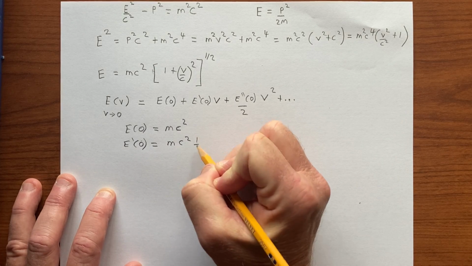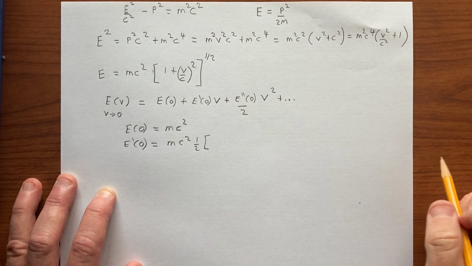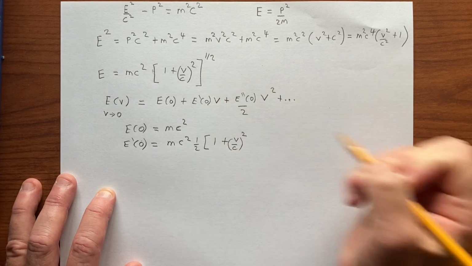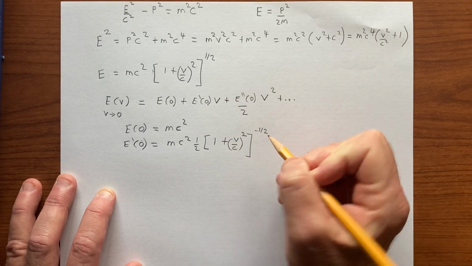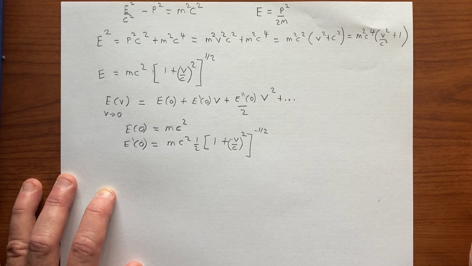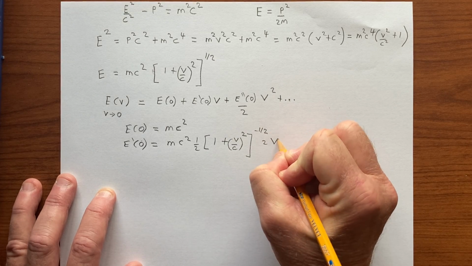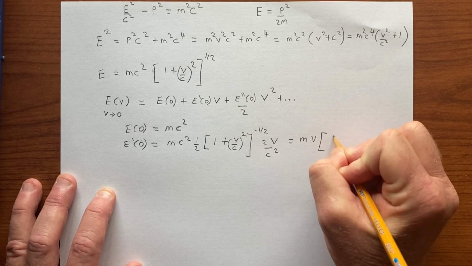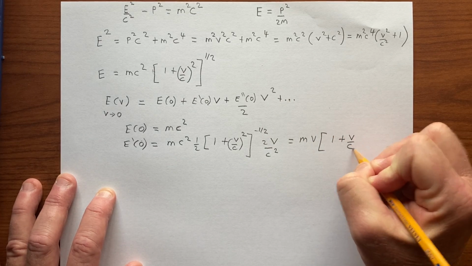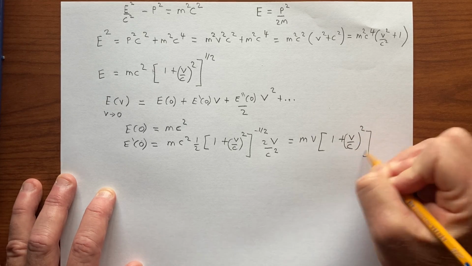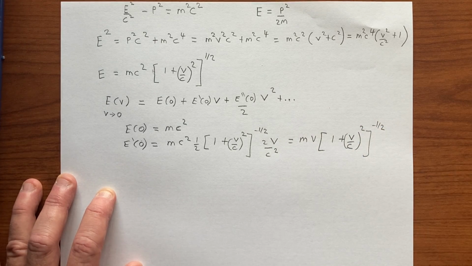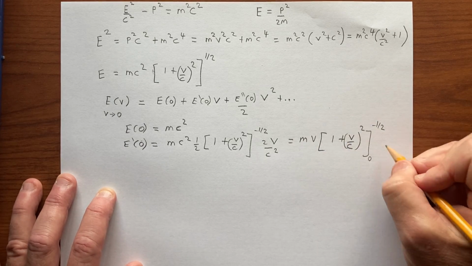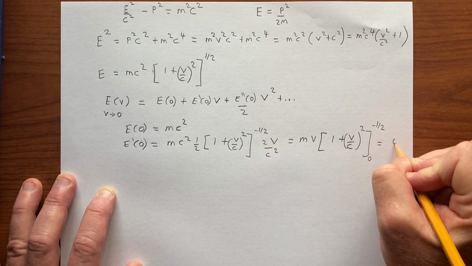We get a 1/2 times 1 plus v over c squared to the minus 1/2 times 2v over c squared. That is equal to mv times 1 plus v over c squared to the minus 1/2, which evaluated at v equals 0, somewhat strange notation, obviously here makes the entire thing 0.